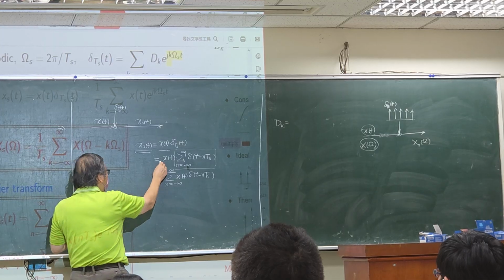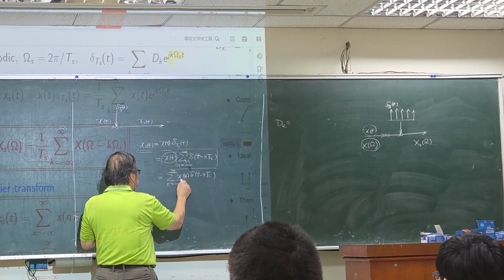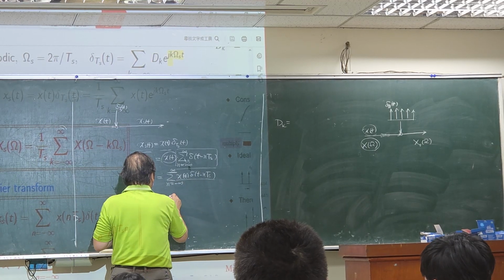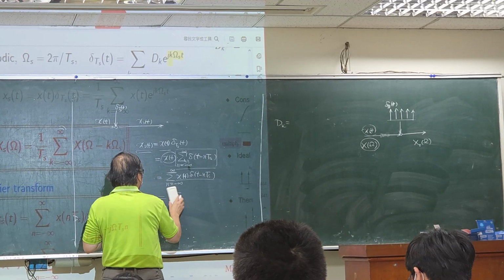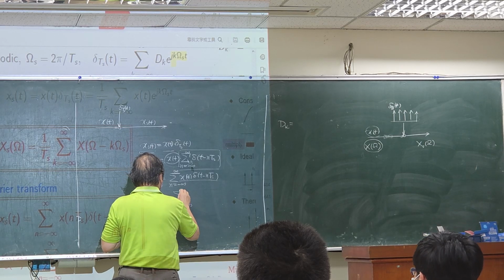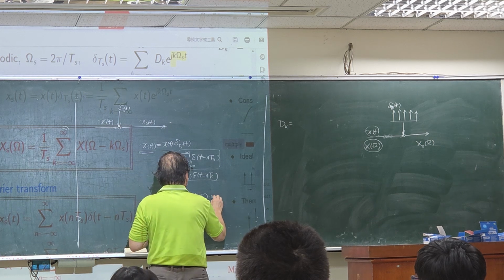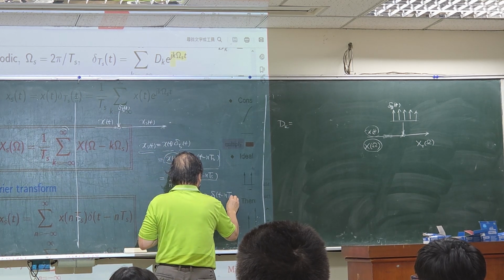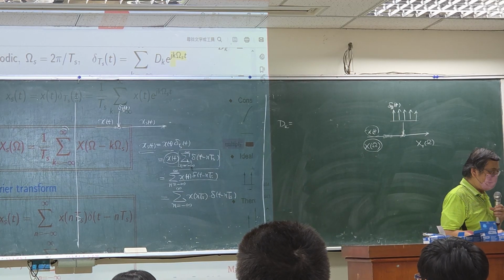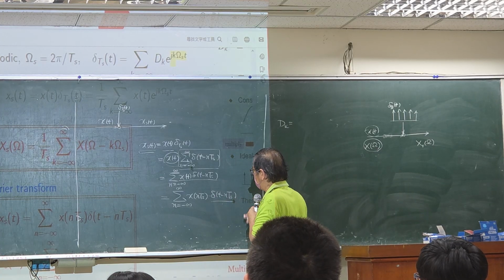And we can put x(t) into the summation to multiply each delta function, and this equals x(nTs) times the delta function δ(t − nTs).